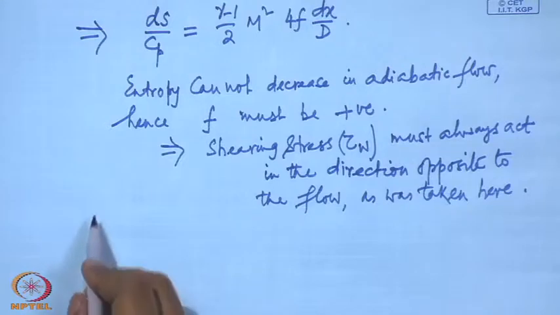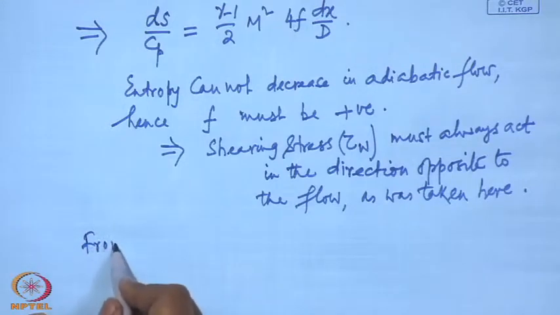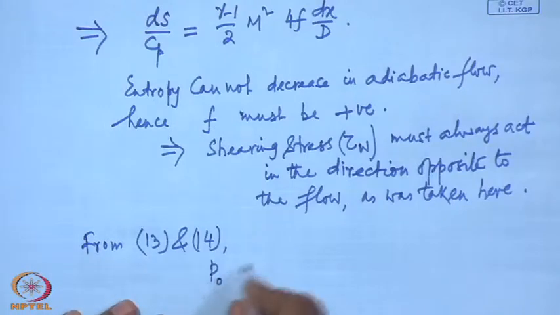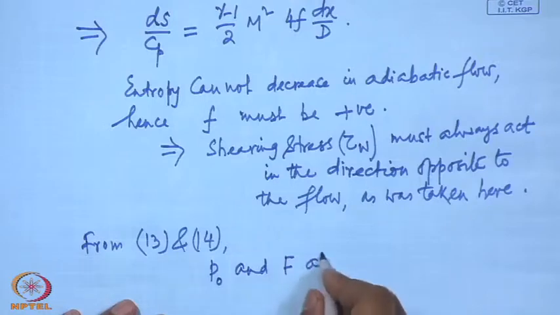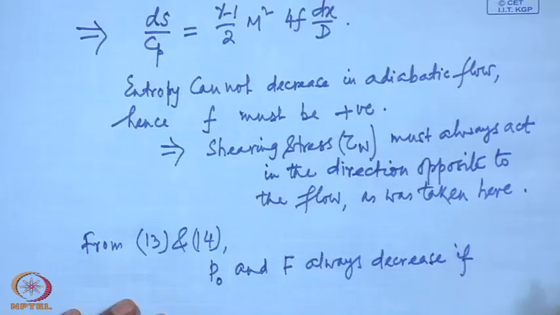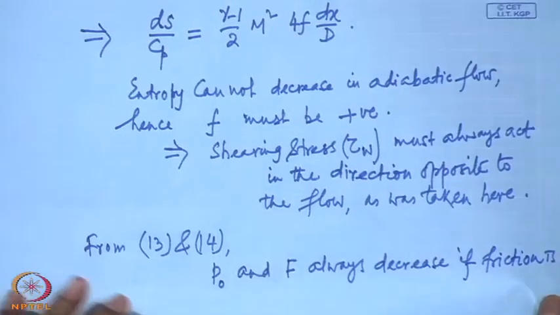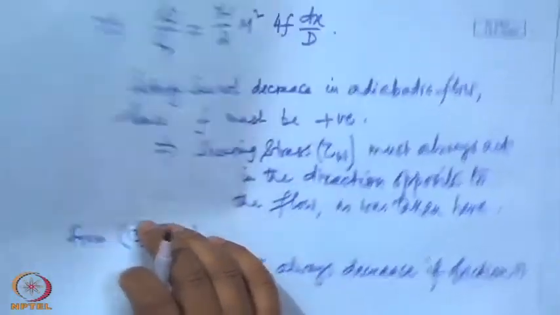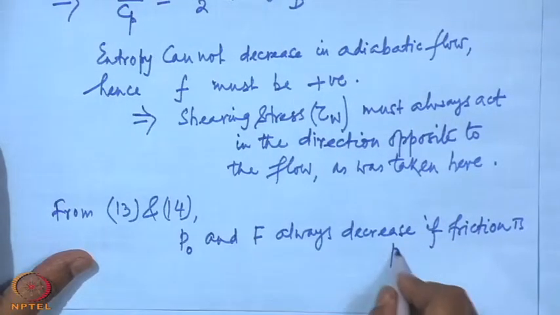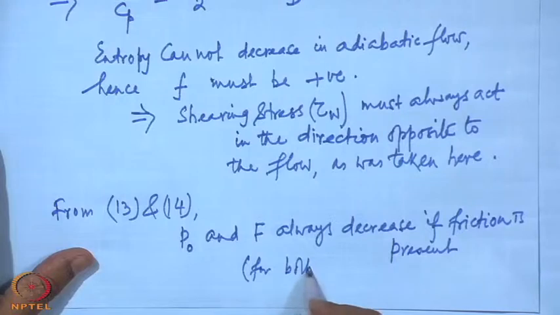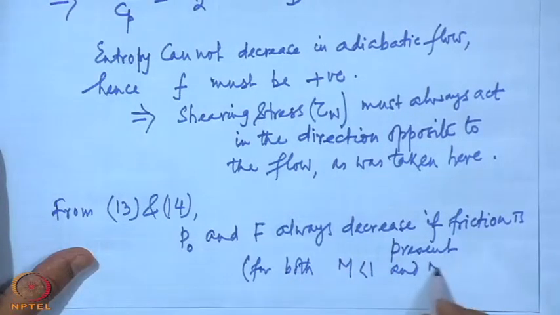So, from 13 and 14, P0 and F always decrease if friction is present, that is for both M less than 1 and M greater than 1.